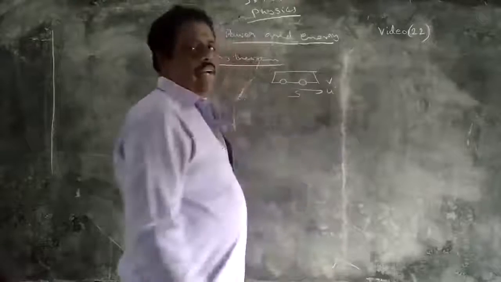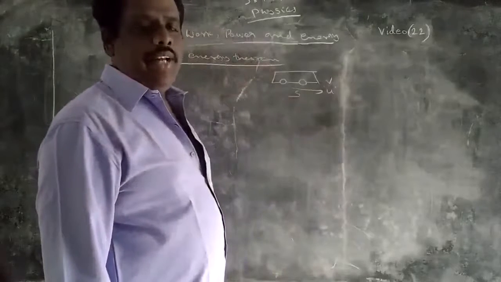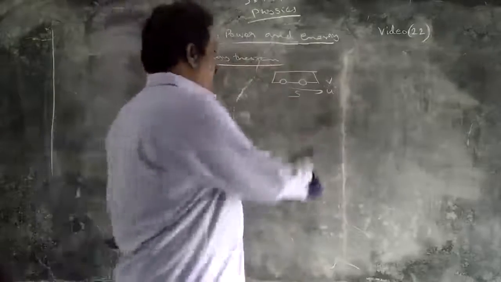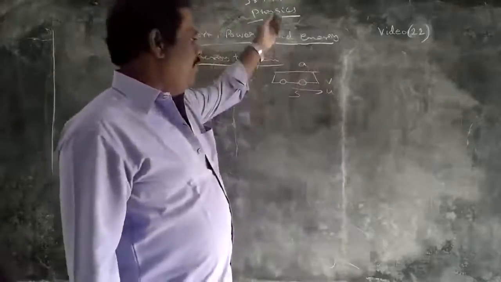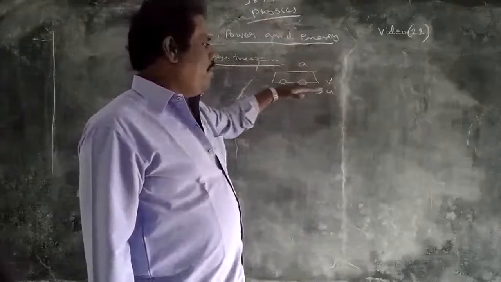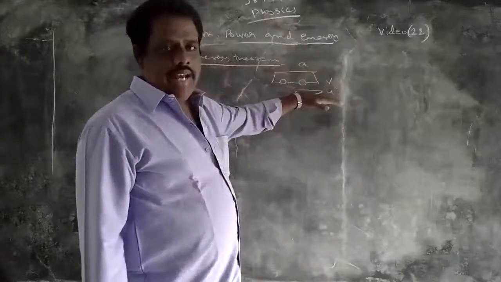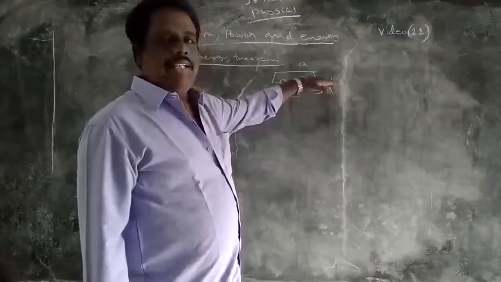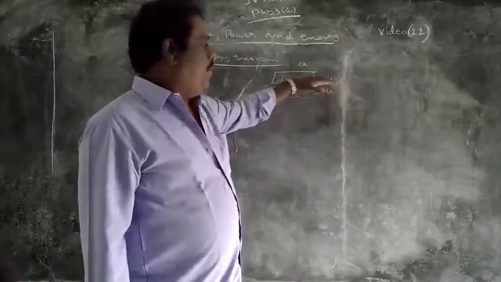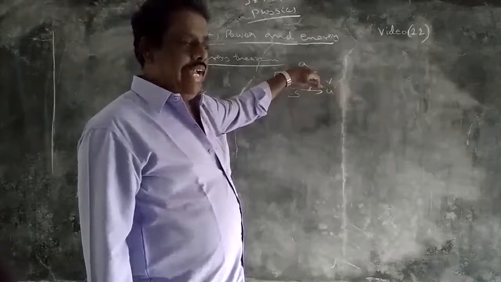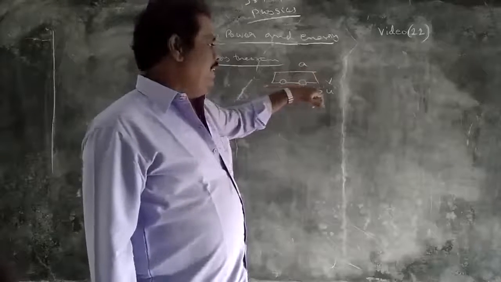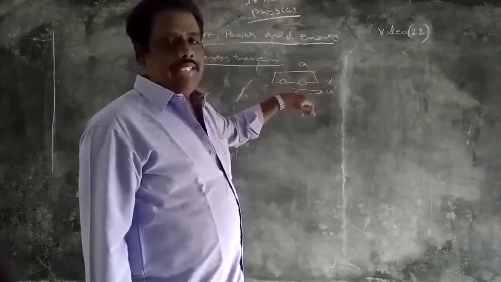The distance covered with a constant acceleration will be s, and acceleration should be denoted with a. See once again what the letters are. Initial velocity of the body is u, final velocity is v, meter per second, with a constant acceleration a, and it covers a distance of s.